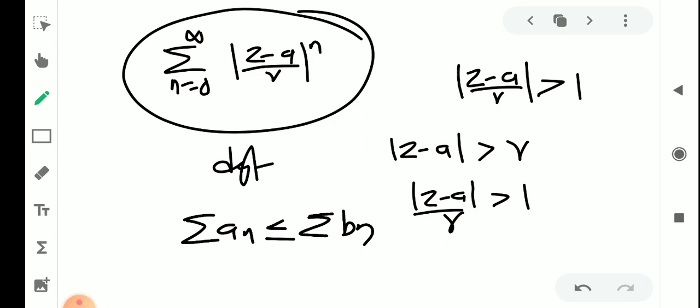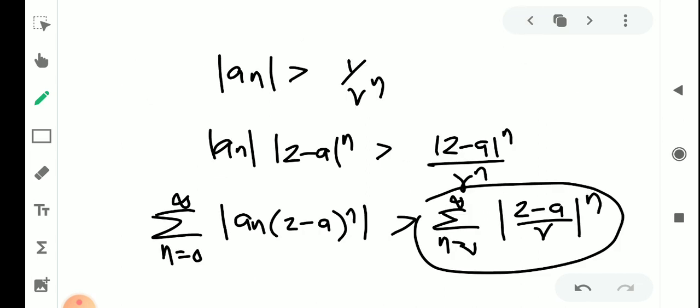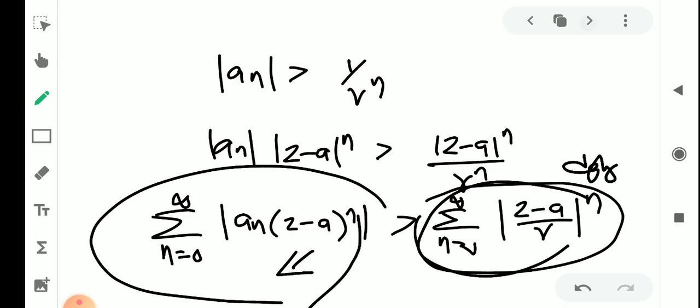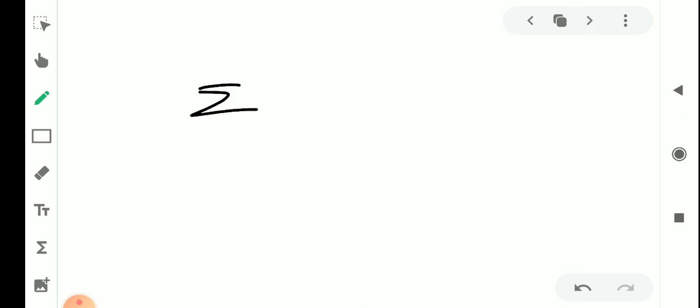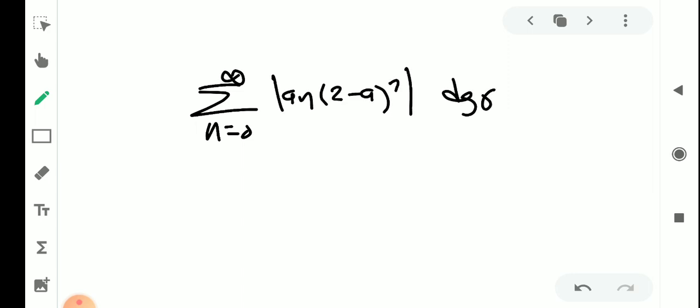Also, if sigma an diverges, then sigma bn diverges. So here this series diverges. Therefore, by the comparison test, the series on the left side also diverges. Sigma n equal to 0 to infinity modulus of an into z minus a all raised to n diverges.